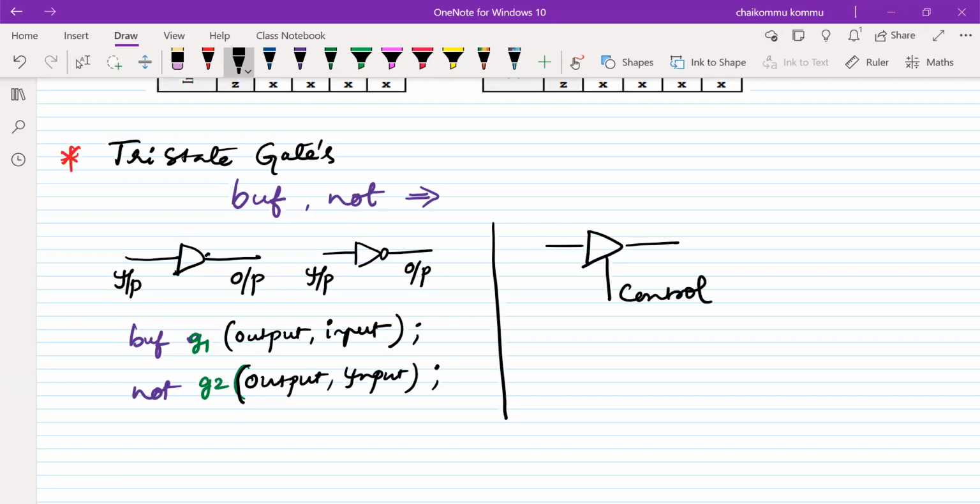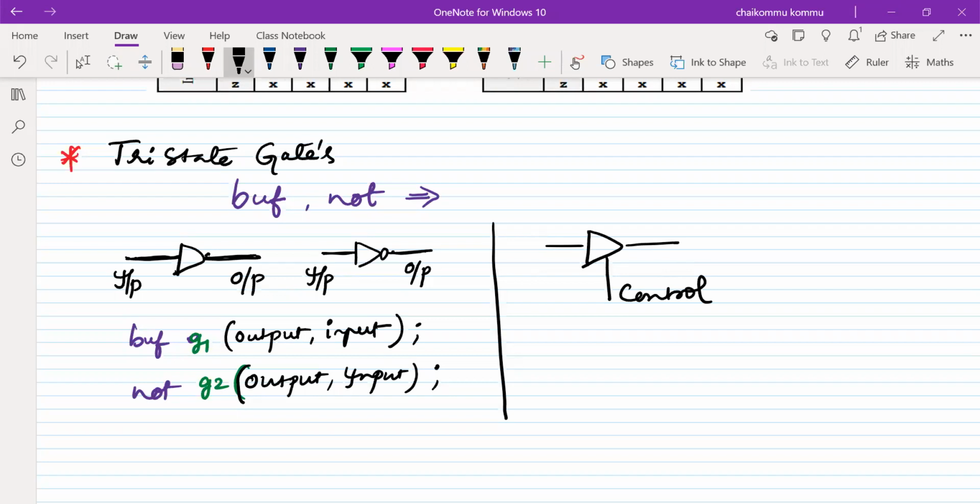By using the control signal, we define the output. In normal gates, the output is defined instantly upon the input changes.